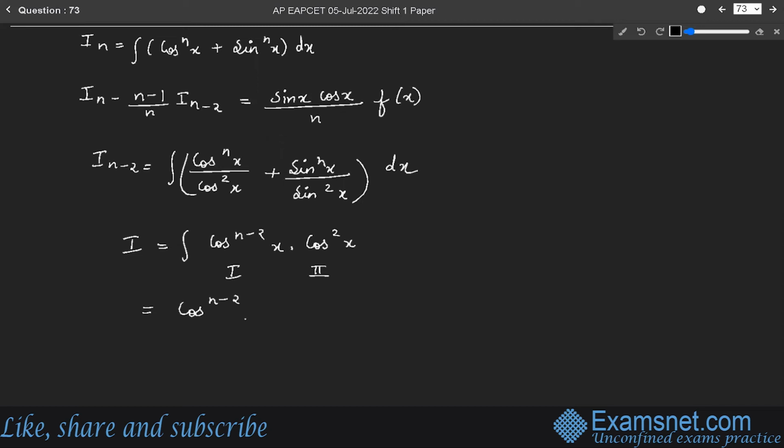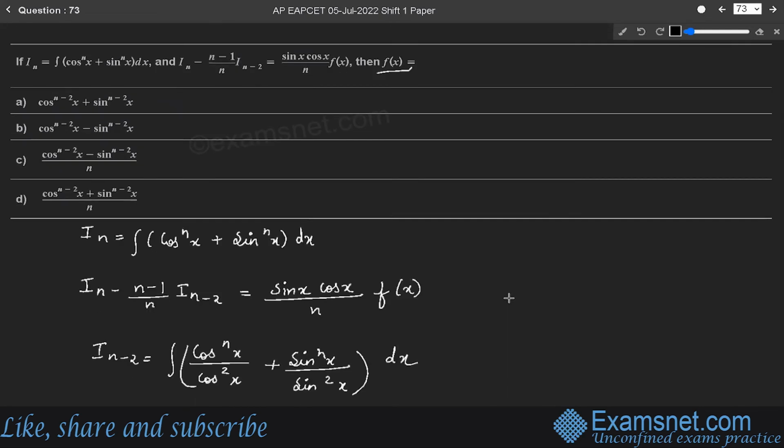D by dx of cos square x is minus sin 2x, plus cos square x into d by dx of cos power n minus 2. We know that d by dx of cos x is sin x. So it will be minus sin power n minus 2 x.